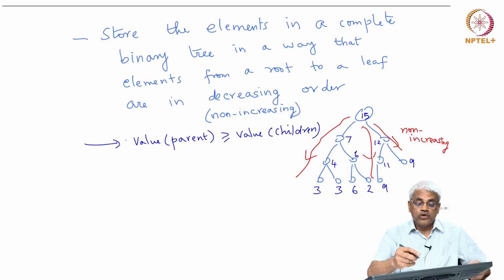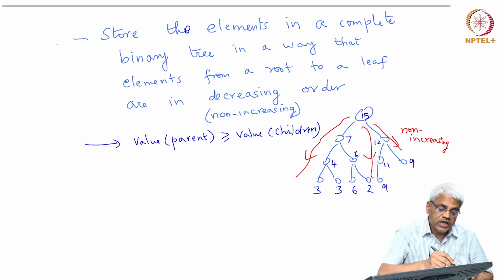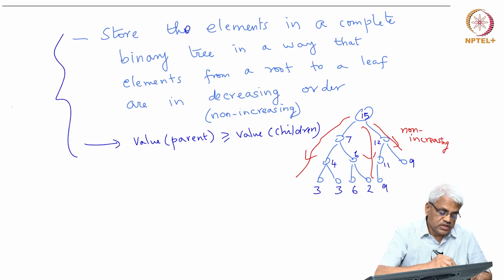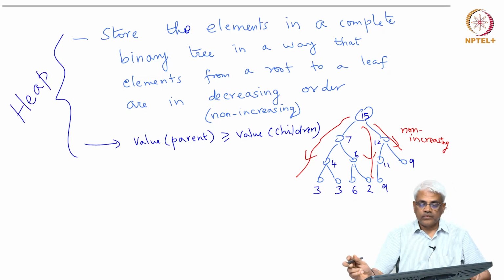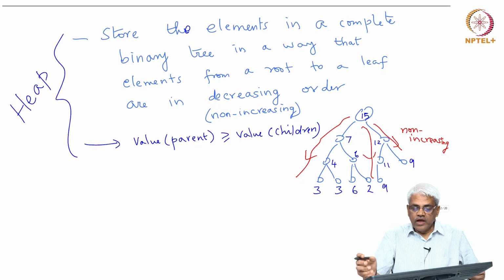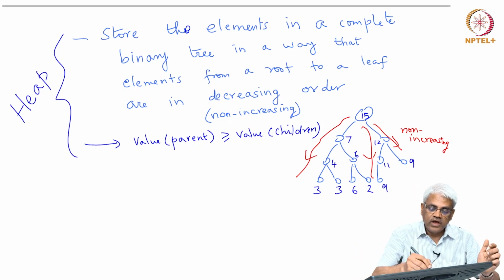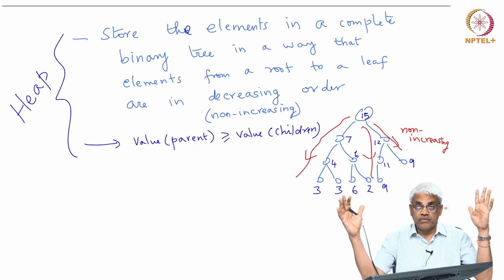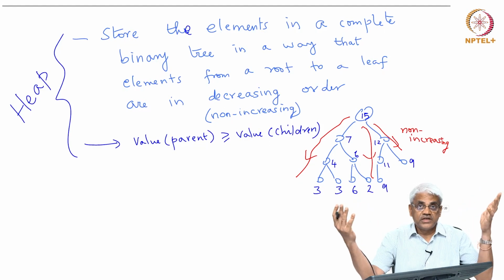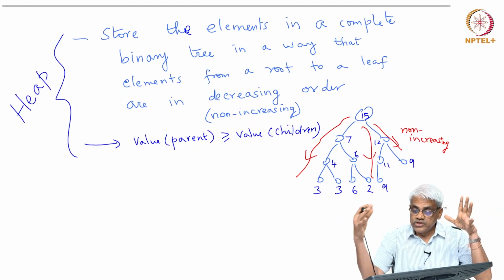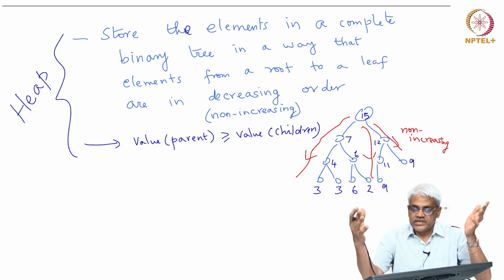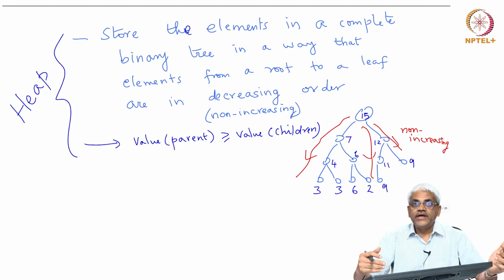Now this whole thing has a name, which is called a heap. I am storing the elements. You want me to maintain a bunch of numbers, remember, to support insert and delete max. So I am going to maintain these numbers in a complete binary tree.